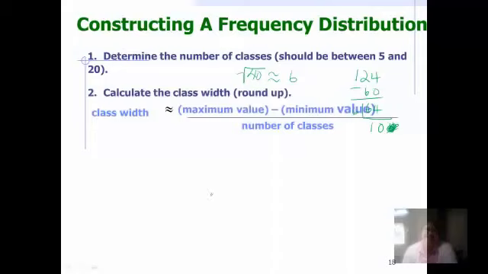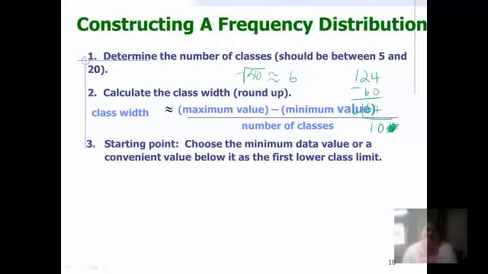So we did the maximum minus the minimum, we did that over here, divided by the number of classes. Here's the number of classes that I had there, and that's how I got to about 10 as my class width. I'm going to look at the minimum value, and then find a convenient value below or above.